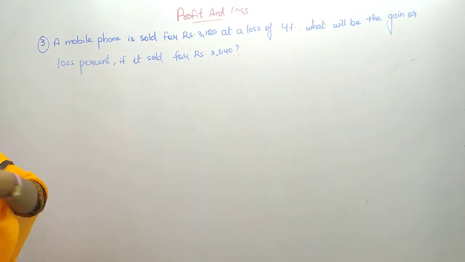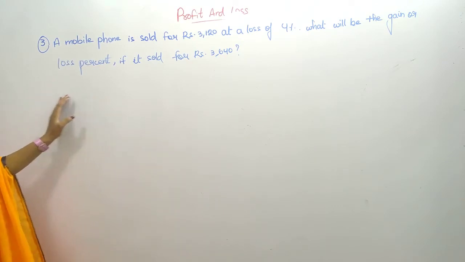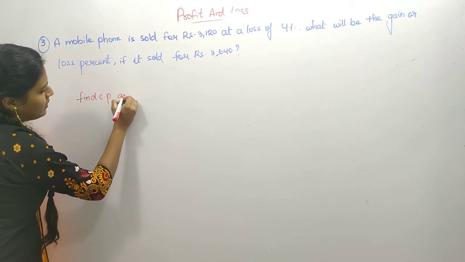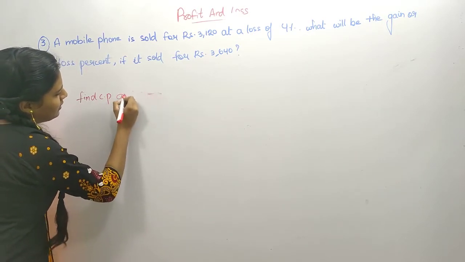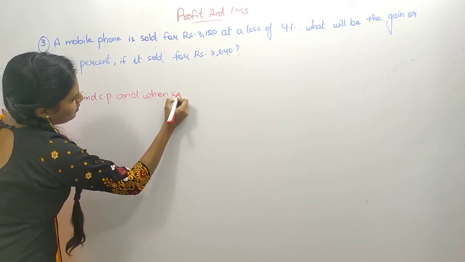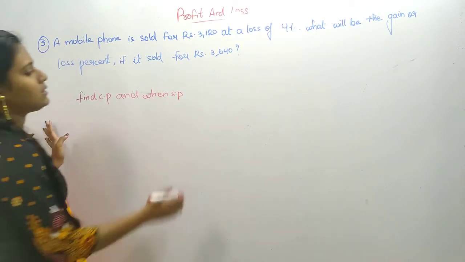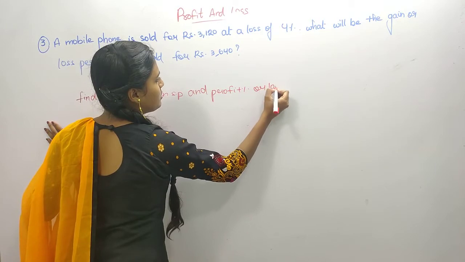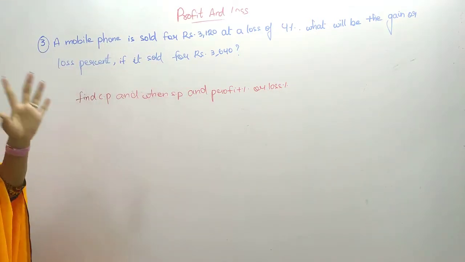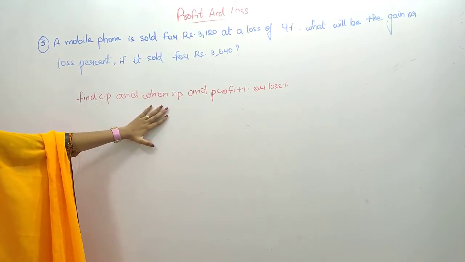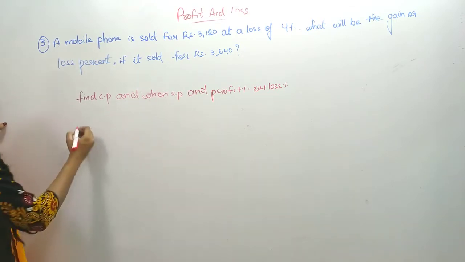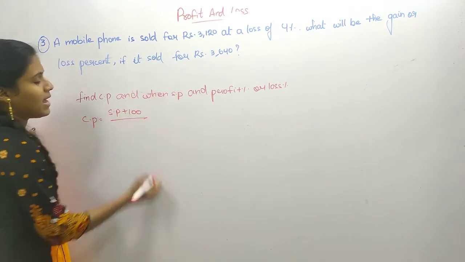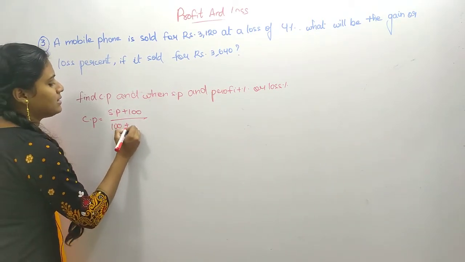Keep in mind that whenever it is given in the question to find CP, and SP and profit percent or loss percent are given, the formula is: cost price is equal to selling price into 100 by (100 plus profit percent).